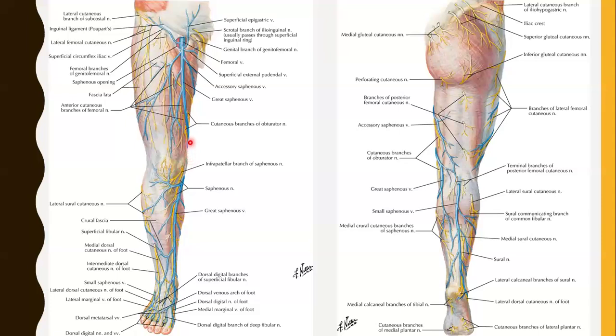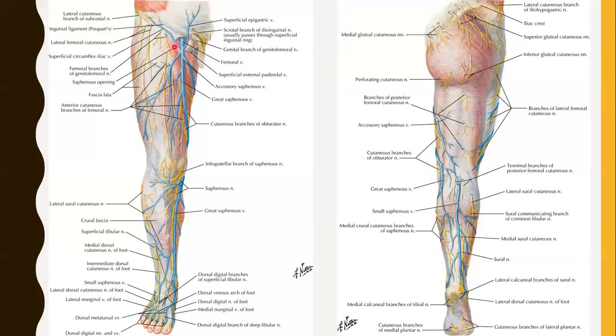And then in the thigh, it ascends superiorly and slightly anteriorly all the way to the roof of the femoral triangle, at which point it enters deep to drain into the femoral vein, which is a deep vein.